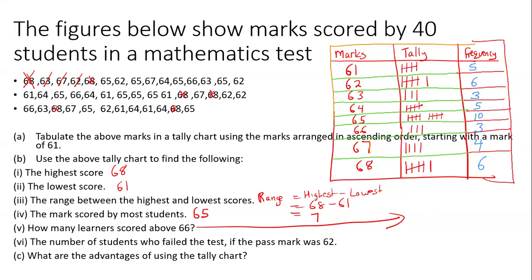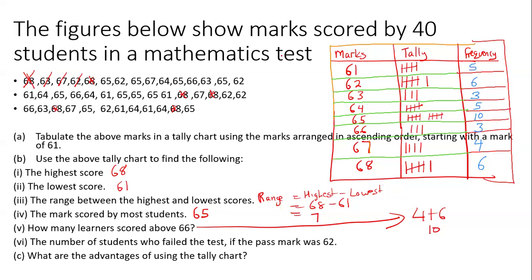Now here, when they tell us above 66, which mark do we expect to start from? I think 67. So we are going to add the number of students who got 67 and who got 68. That is 4 and 6. 4 plus 6, and your answer is? 10. Okay. Thank you.